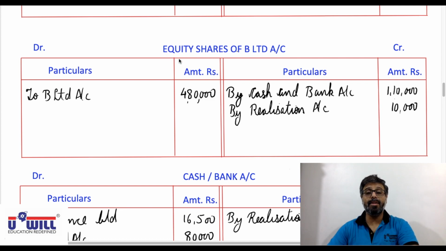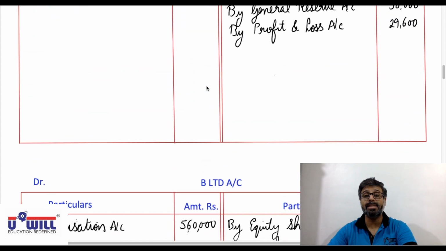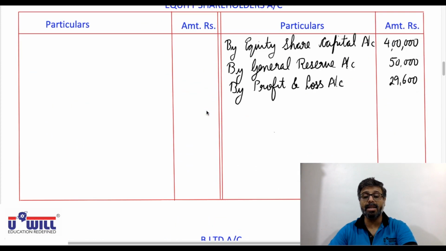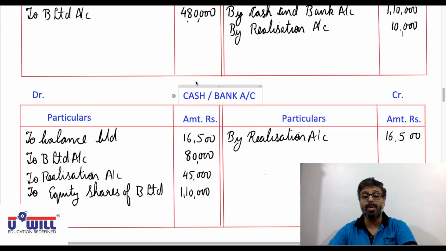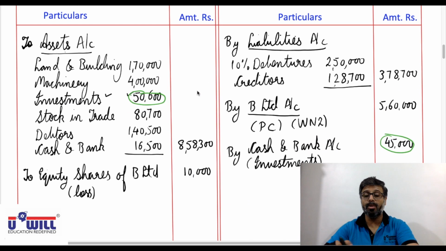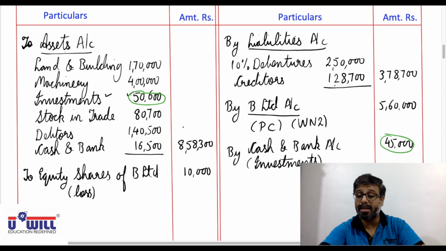After the extra entry for sale of shares, we will now pass those two closing entries. Realization will be transferred to equity shareholders, and all the other pending accounts will be transferred to equity shareholders. Let us do that. In realization, which side is more? Credit is more.